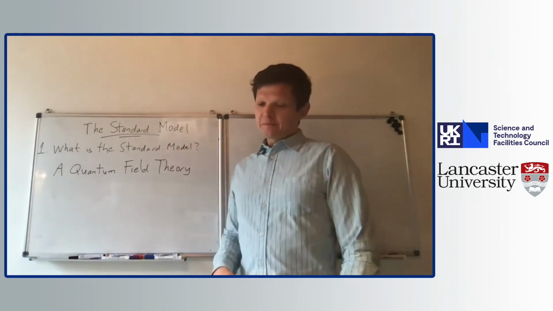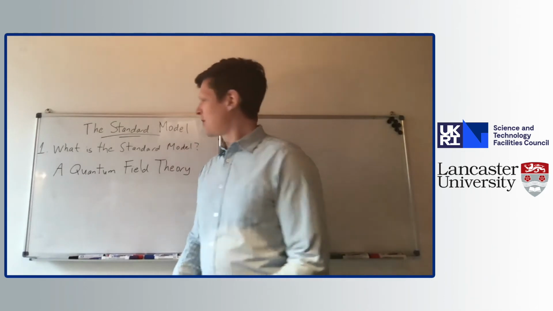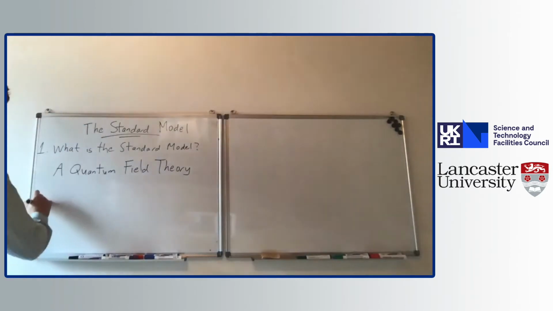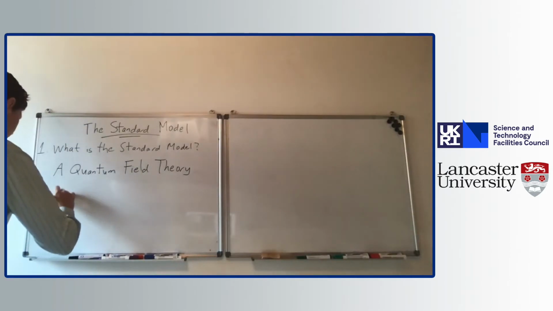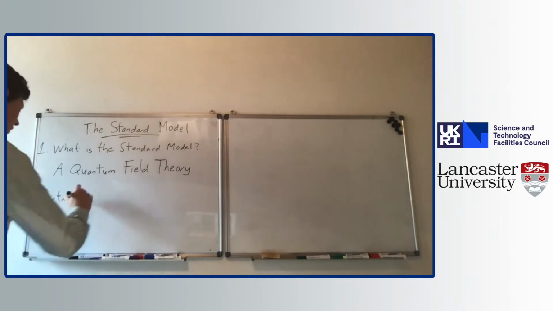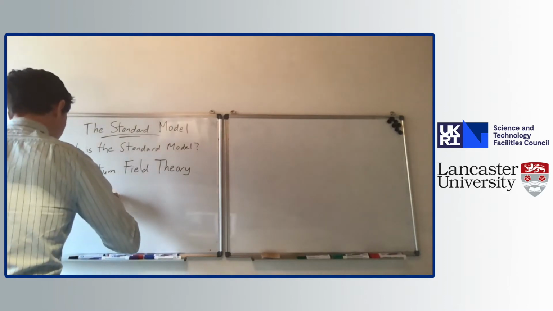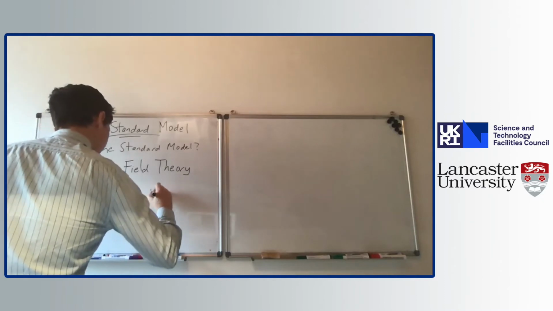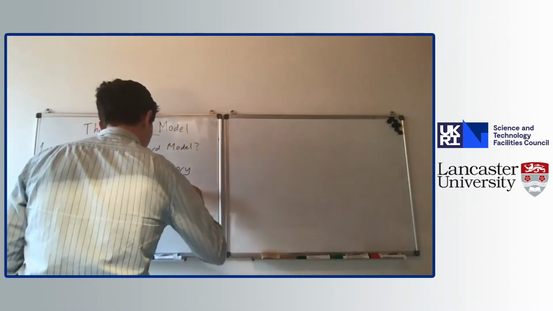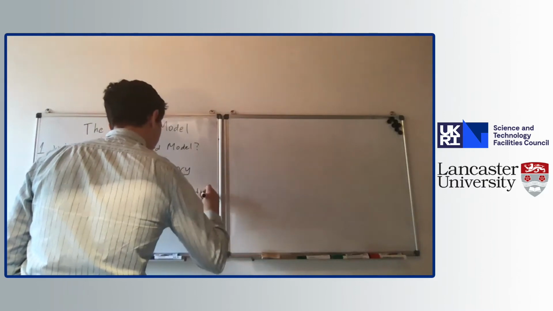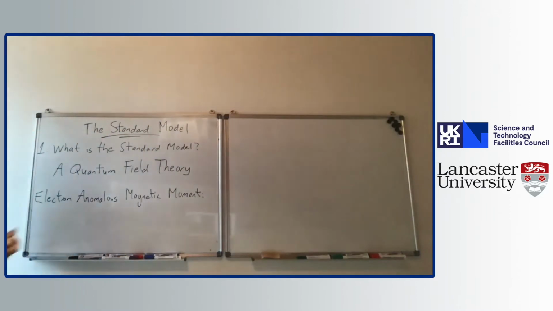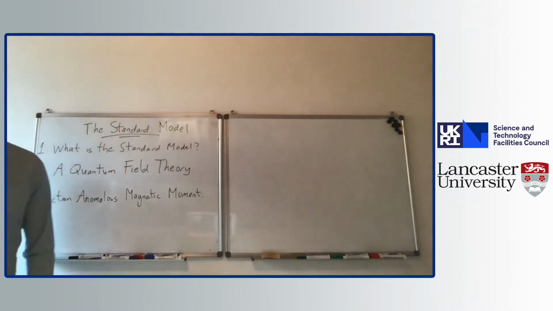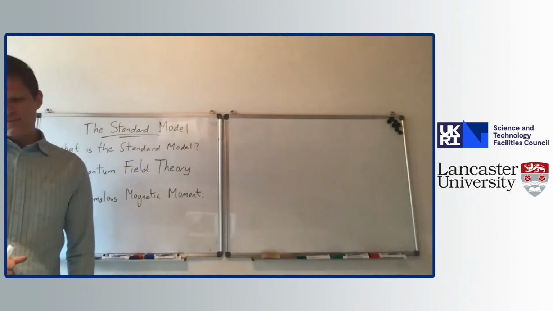One example, if you consider the electron anomalous magnetic moment, I hope you can read that. This is something that we can calculate within the standard model.